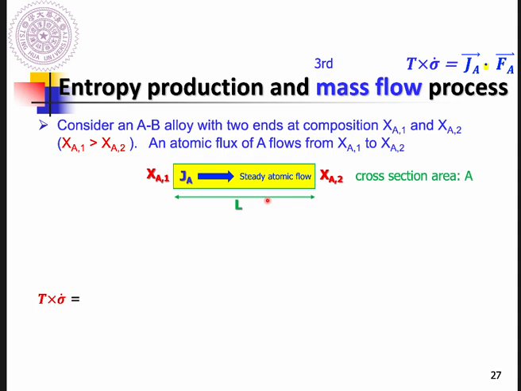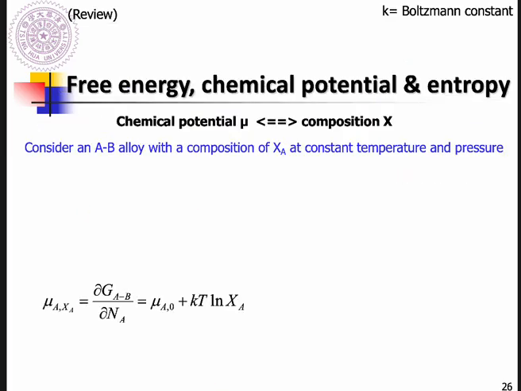For example, composition change leads to chemical potential changes. Do you have this idea? So I'm going to give you a quick review for kinetics, also for thermodynamics, of the relationship between the chemical potential mu and the composition x.